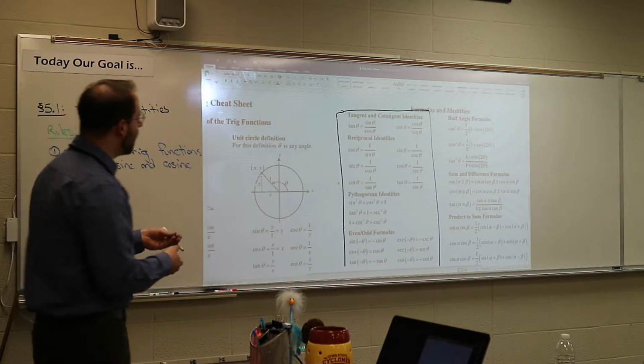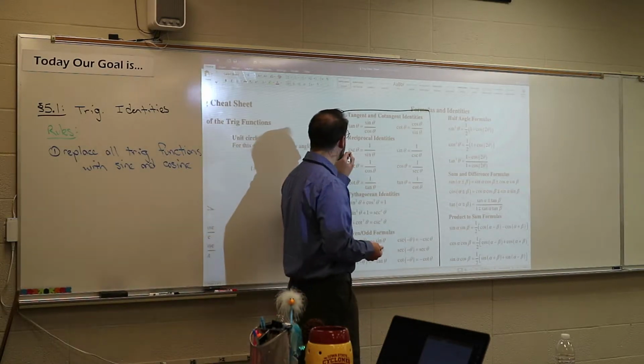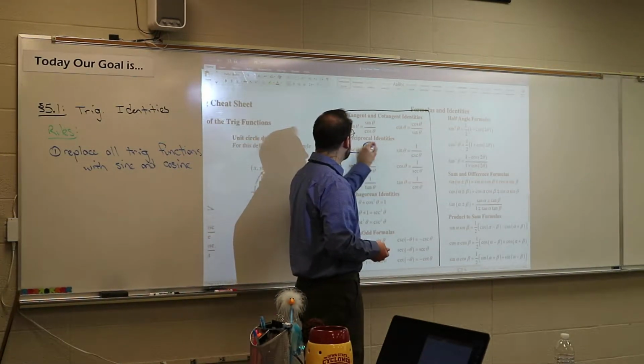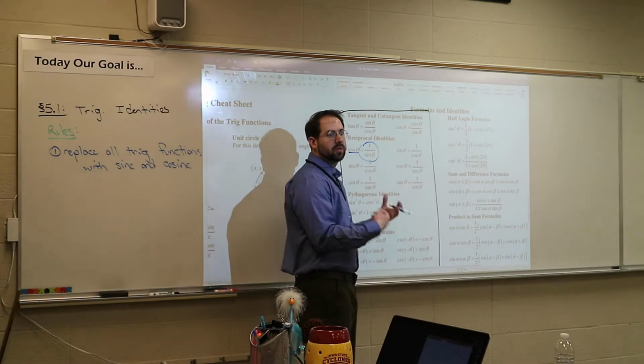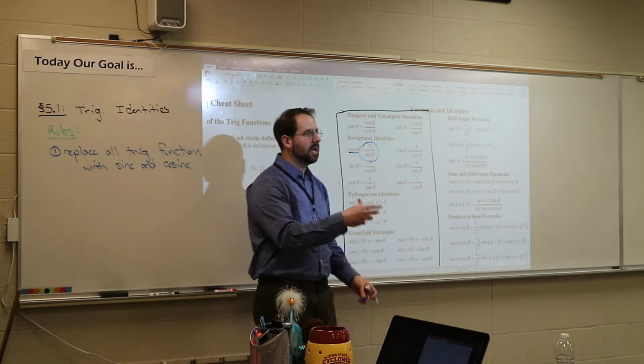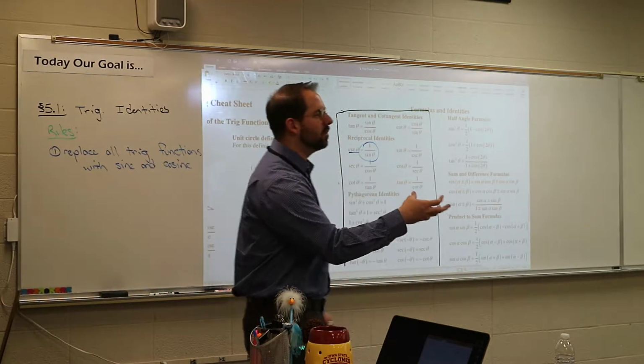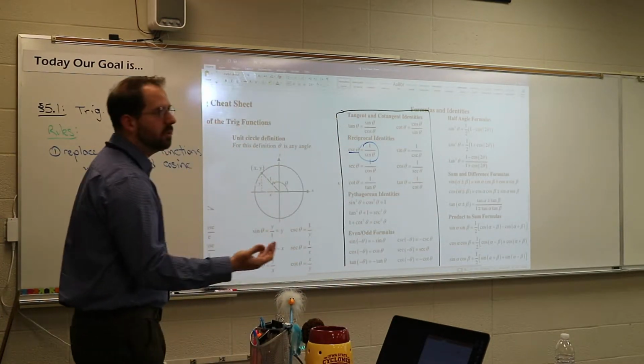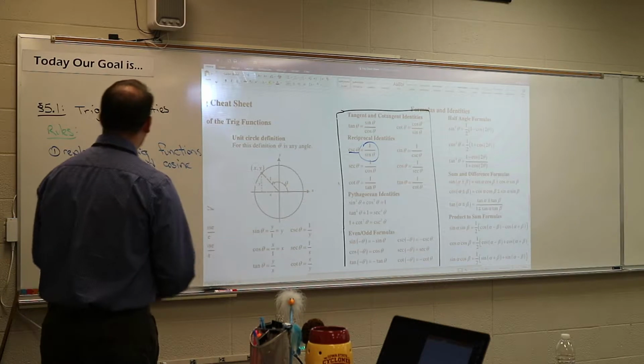If I had a cosecant in a problem, I can replace it with 1 over sine. I can replace it with a fraction in the middle of the problem. I know that seems silly, like I'm making it more complicated for a few seconds, but it will simplify faster later. We're going to see one of those in the first example we're going to do.